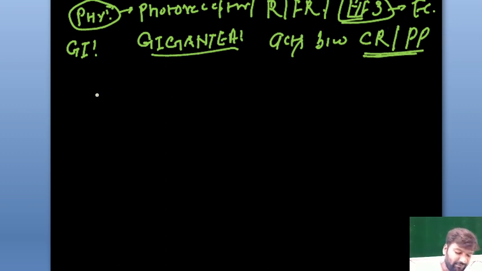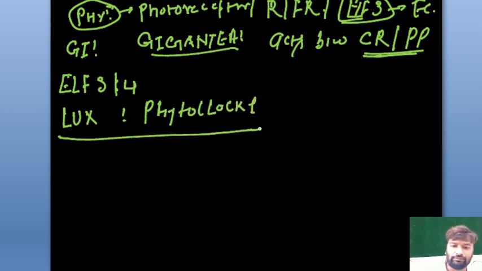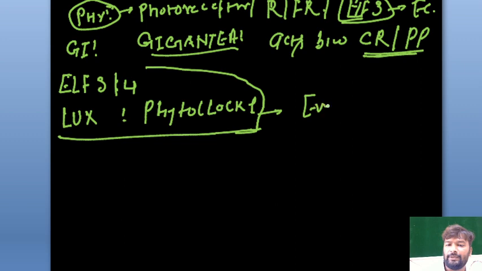Then there are ELF3 and 4 and LUX, that is also known as phytoclock 1. ELF3, ELF4 and LUX form the evening complex of circadian rhythms.